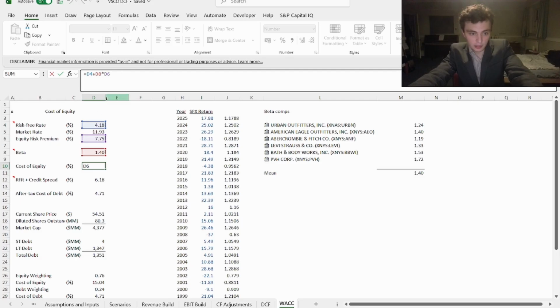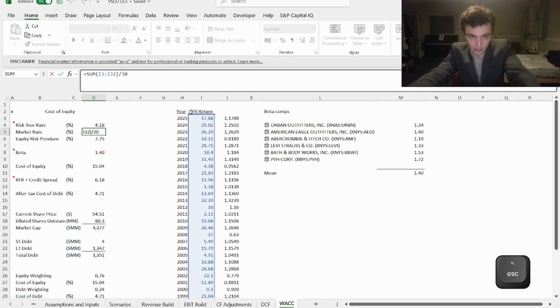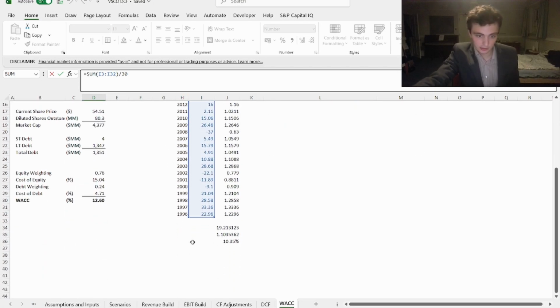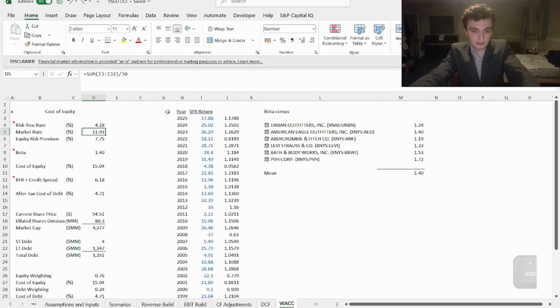Now, I've chosen to create the market rate using the past 30 years of SPX return, because Victoria's Secret is an American listed company, so the average of the past 30 years of US market return seems an appropriate market rate, what the market is expecting as its return.